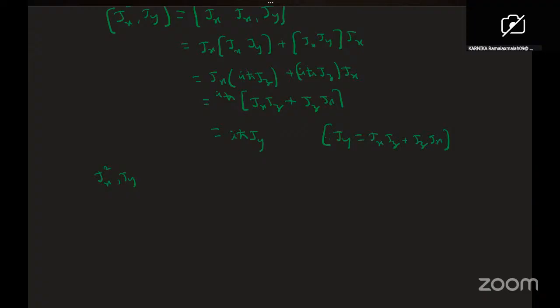Similarly, this is also the same. iħ into Jx, Jz plus Jz, Jx. Okay, so here it is also iħ, Jx, Jz, Jx, Jz. So this is also which value here?